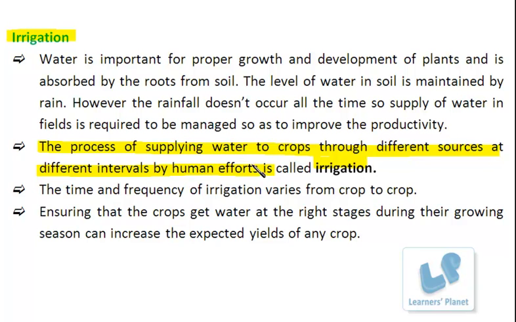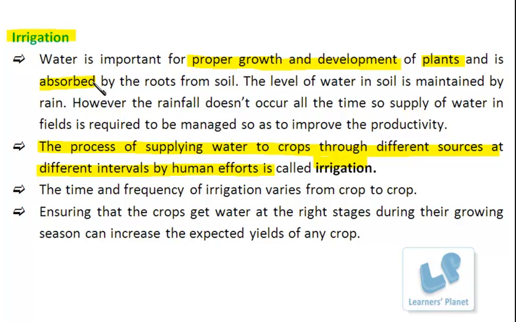Water is essentially required for the growth of the plants. Right? The development or growth is not possible if the plants are not able to absorb the water. From where is this water used up?